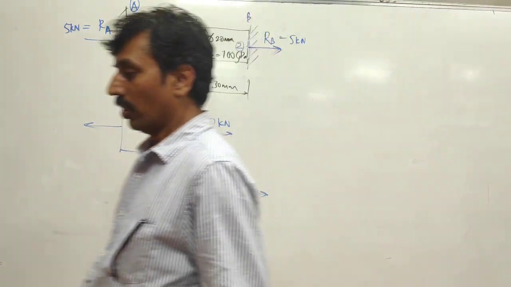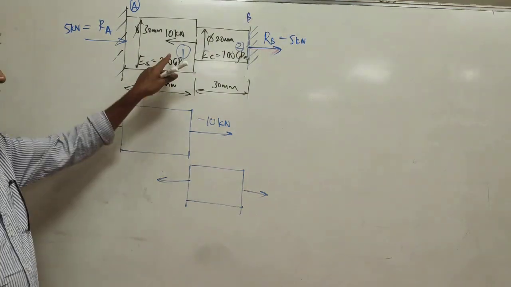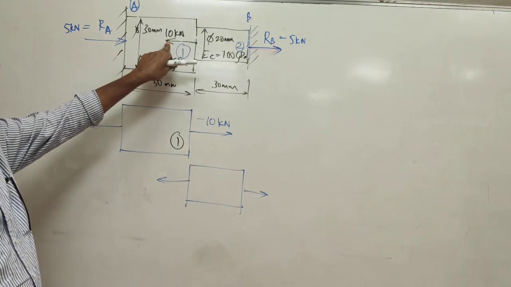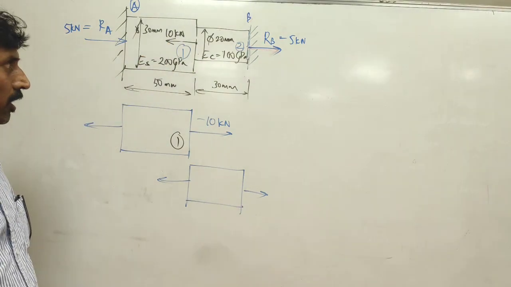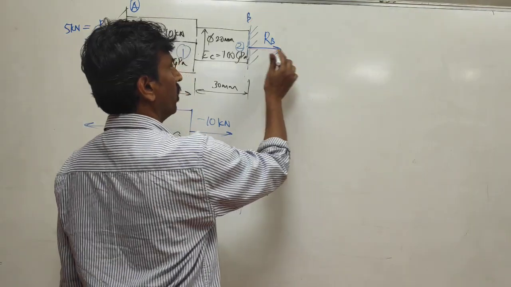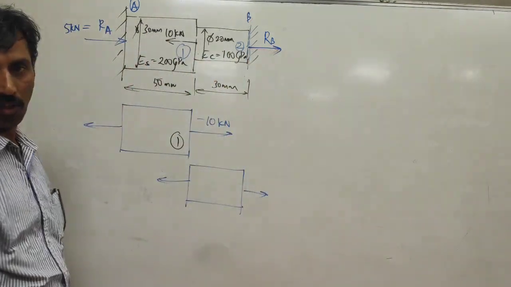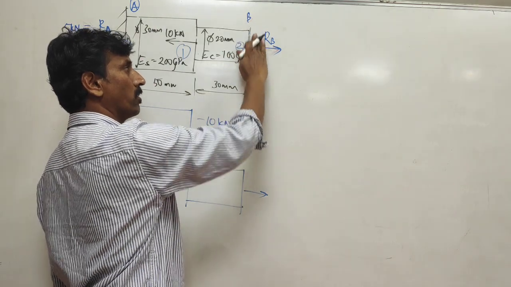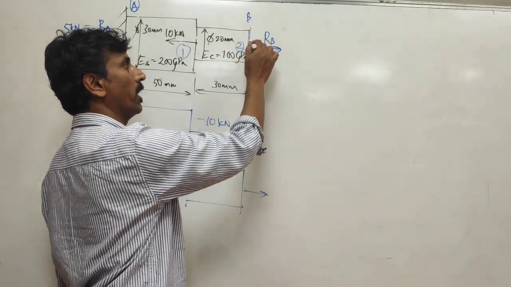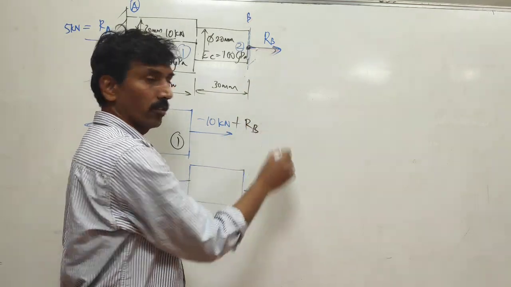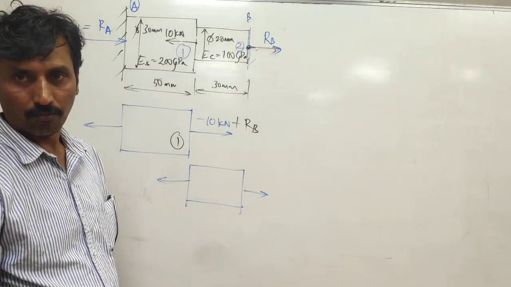Guys, we said that this is section 1. Section 1 has a load of minus 10 kilonewton, and it is not just minus 10 kilonewton. Because of this force, it produces a reaction force at this end. You can replace this by RB.